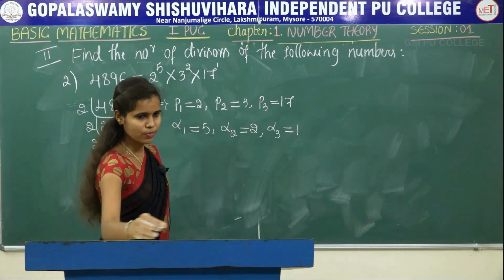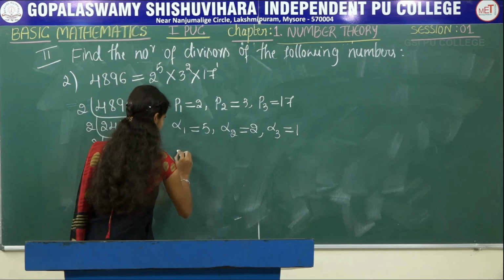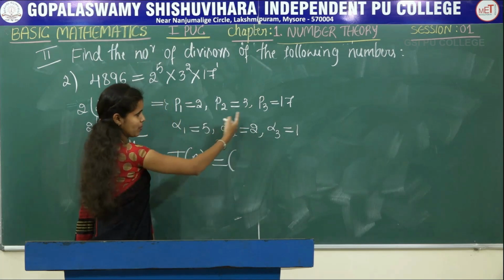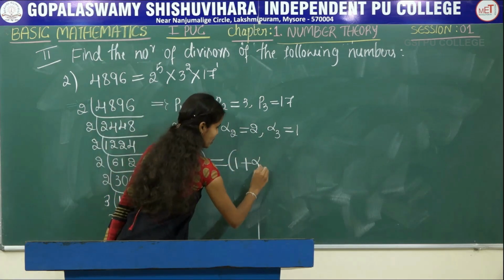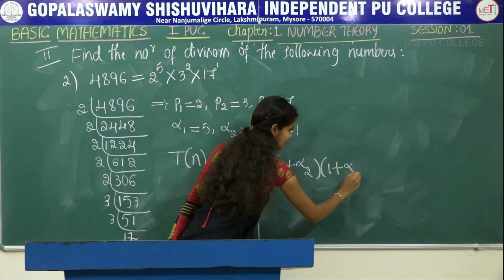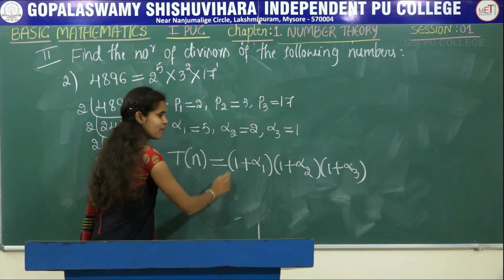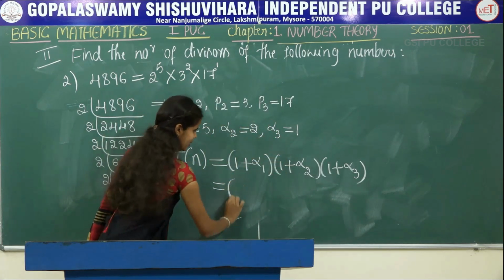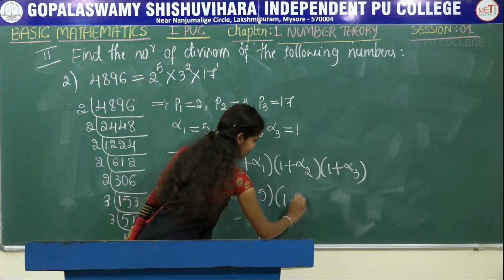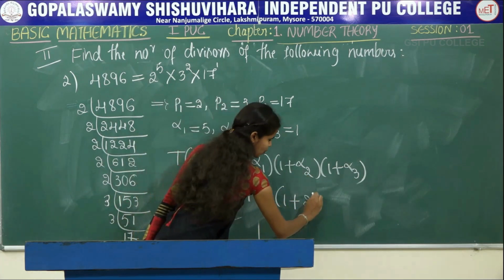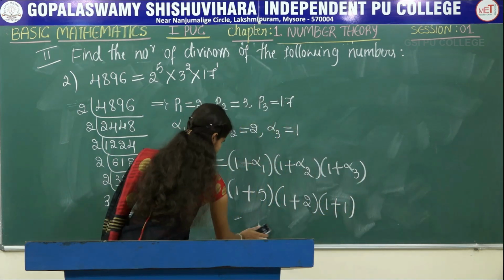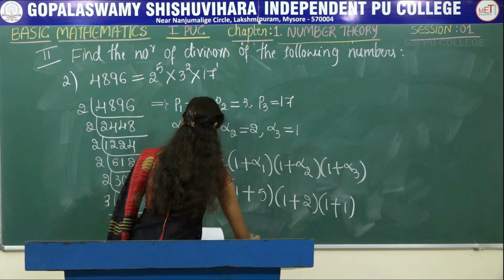So now use the formula. We know that T of n, since we have 3 prime numbers, becomes 1 plus alpha 1 into 1 plus alpha 2 into 1 plus alpha 3. Now substitute the values of alpha 1, alpha 2 and alpha 3: 1 plus 5 into 1 plus 2 into 1 plus 1.